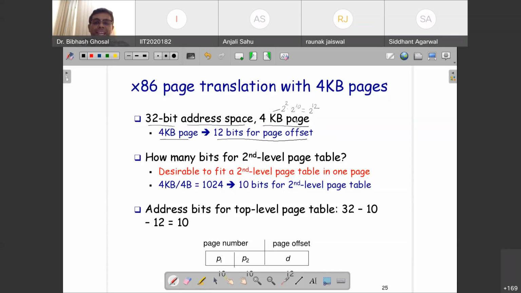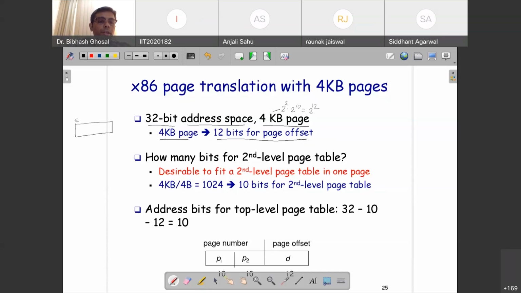Because the page is of size 2 to the power 12, to address one location within that page, you require log of 2 to the power 12, which means 12 bits for the page offset.